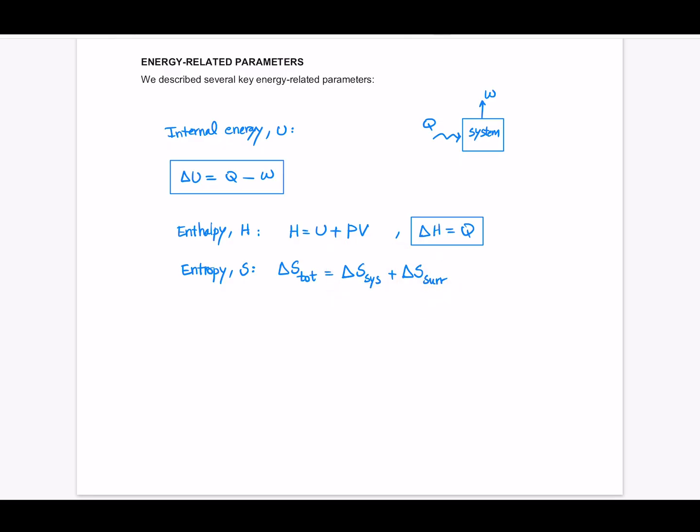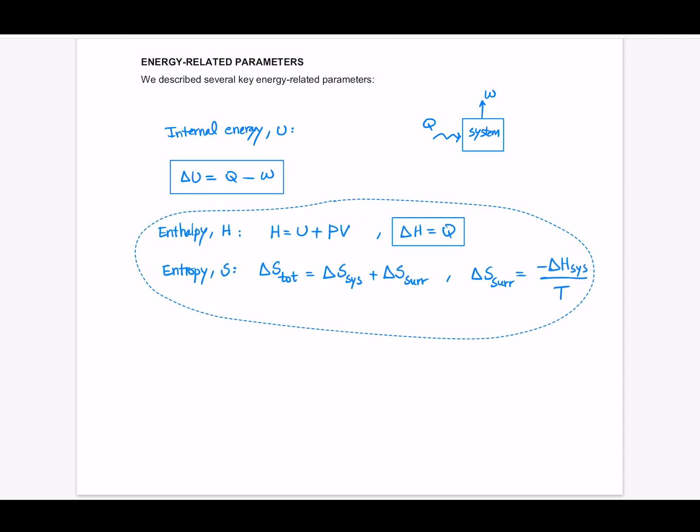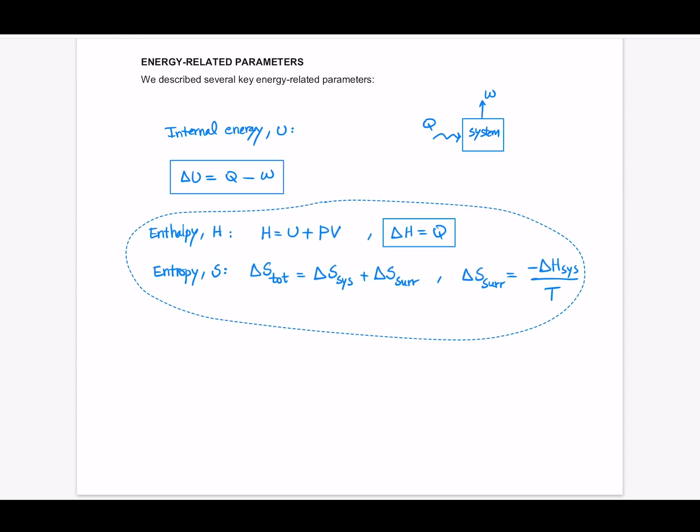We used the first law of thermodynamics to derive this equation: the change in the entropy of the surroundings is equal to minus the change in the enthalpy of the system divided by the temperature. This is pretty useful and straightforward, since now we have everything at the system level.